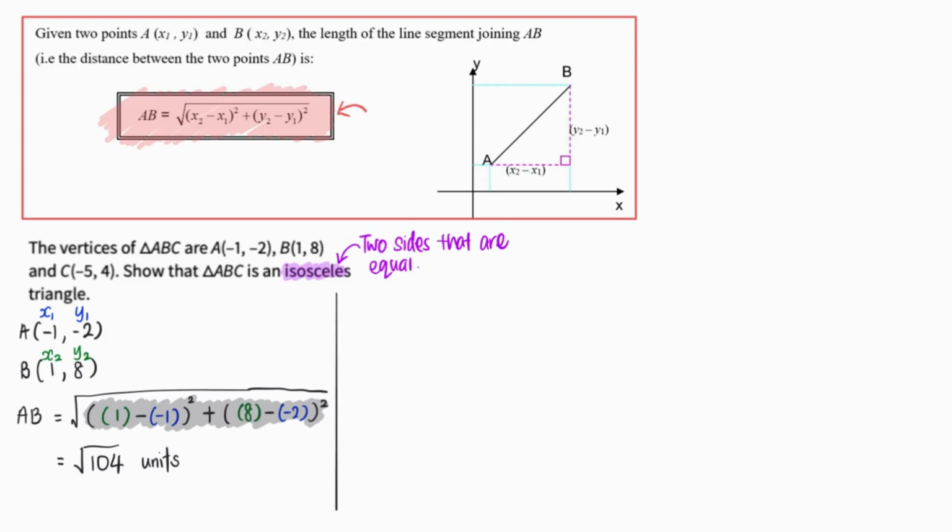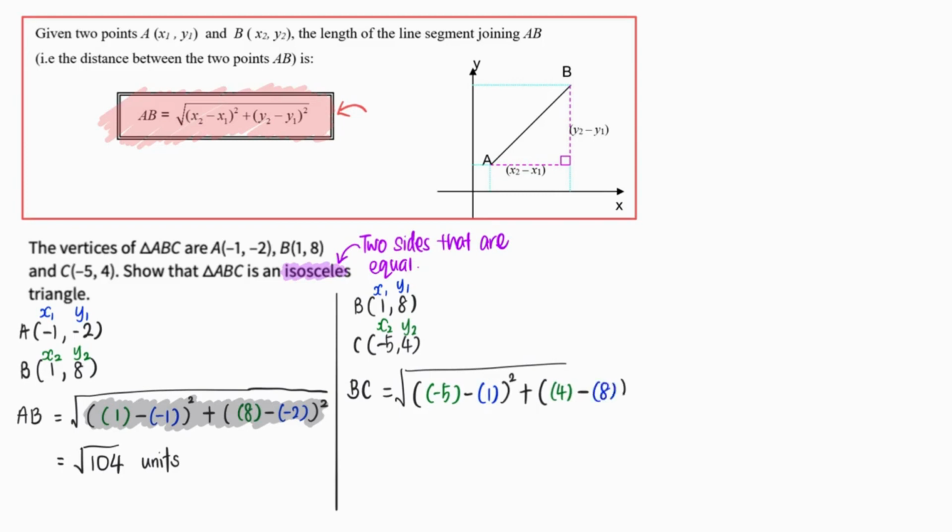The next length I'm going to do will be point B and my point C. My point C would be negative 5, 4, so that again I know this is my x1, y1, x2, y2, so my length BC will be equal to the square root of negative 5 minus 1, square, plus 4 minus 8, bracket square.